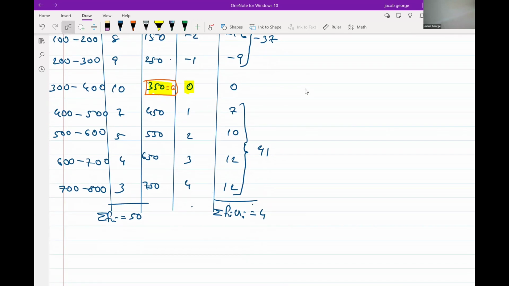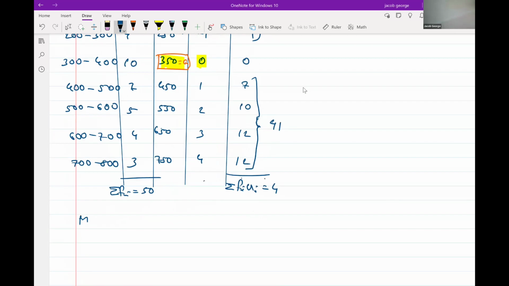Okay, so now we write mean. Mean x bar is equal to A plus sigma fi ui by sigma fi, into h.